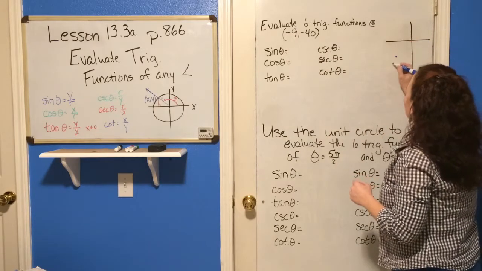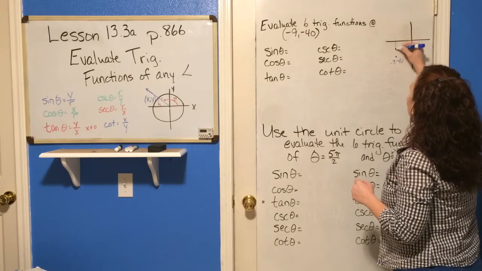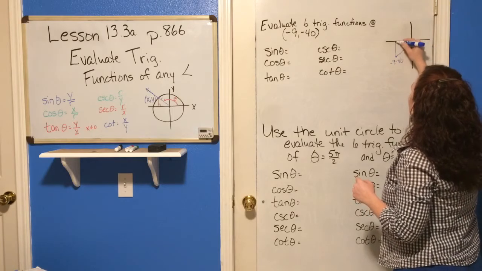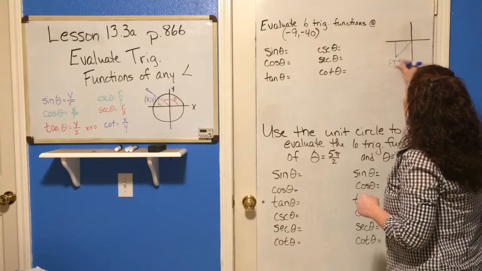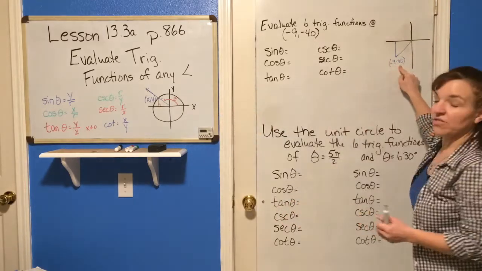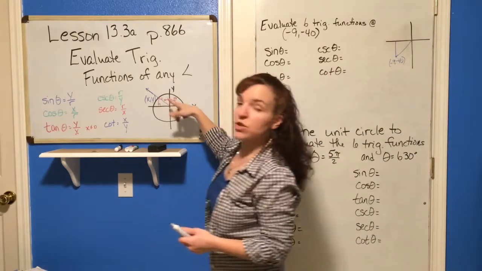So -9, -40 is going to be here, and then it's going to create this triangle. And now you say, well, that's fine and dandy, but we've got x and y, -9 and -40. That's easy. But we don't have the radius of the circle.